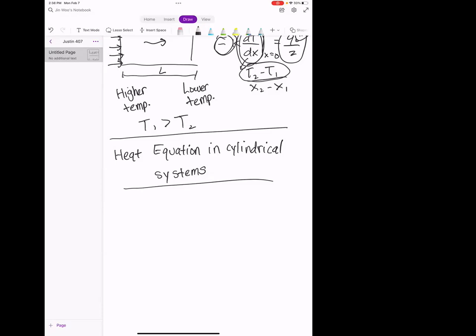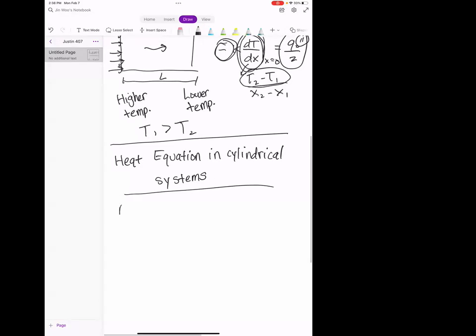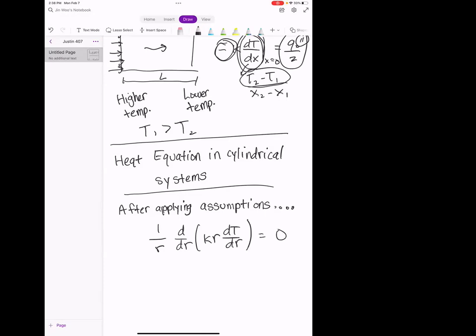But for cylindrical systems, we have to switch to cylindrical coordinates. And so after we apply all of our assumptions, we end up with the following differential equation: 1 over r, d dr of k r dT dr, is equal to 0.